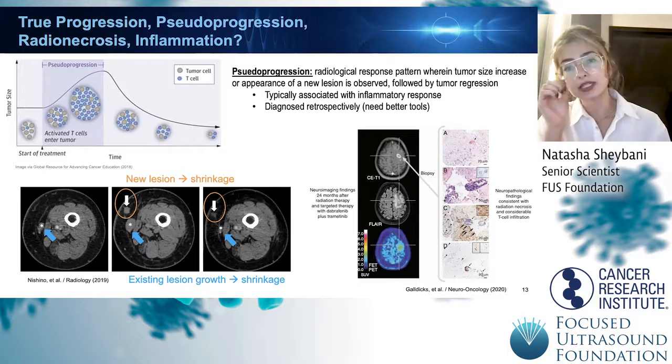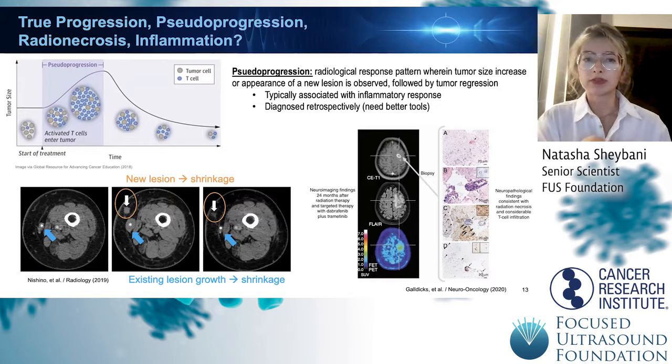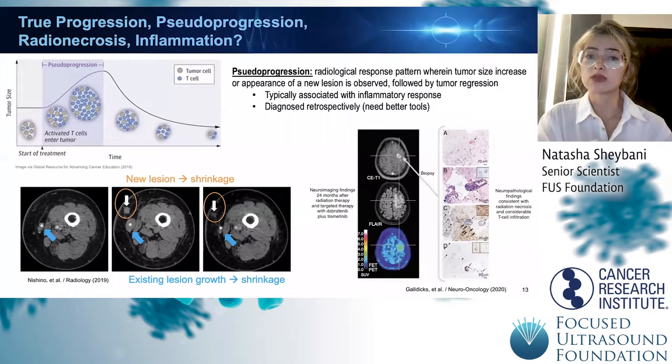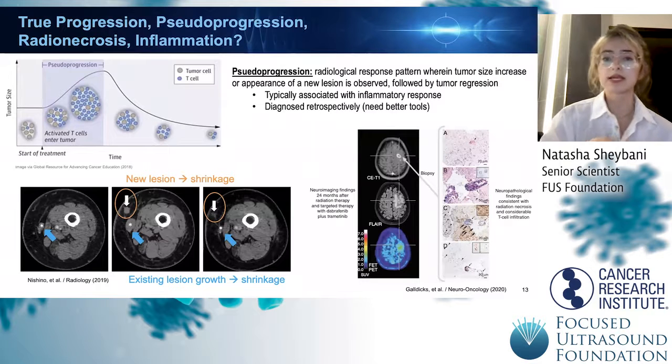I'll draw your attention to a few different examples that I'm showing here on the slide. These are two different examples of this pseudoprogression signature in different metastatic melanoma cases that were treated with immunotherapy. The example on the right shows the distinction between contrast MRI and PET signals, and I think this is rather important.